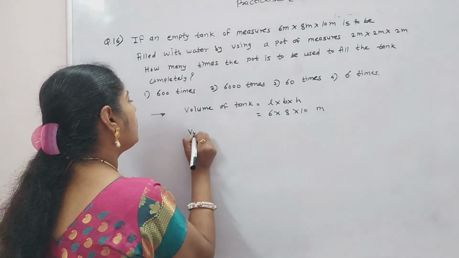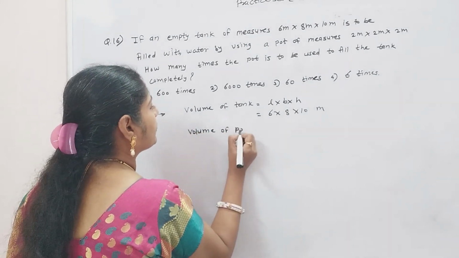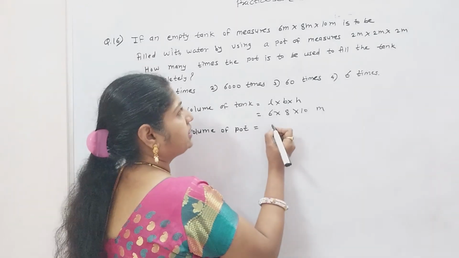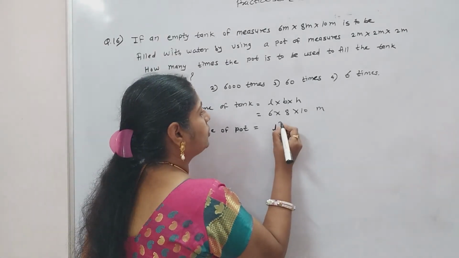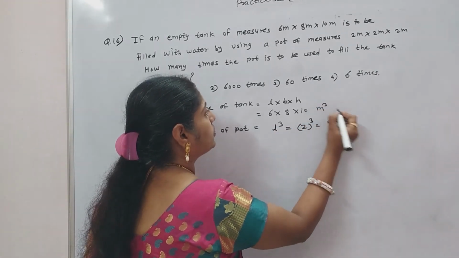And the volume of the pot: the pot is also a cube shape, length into length into length, L cube, 2 cube, that is 8 meter cube.